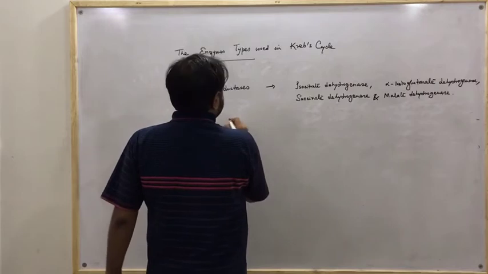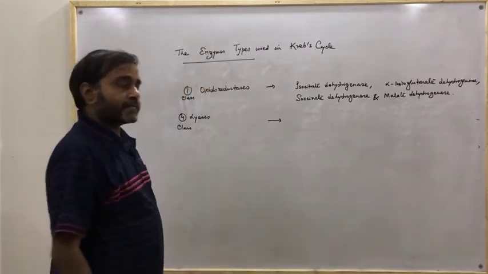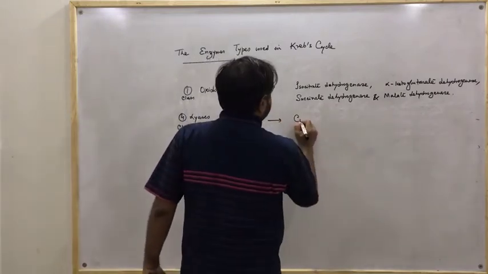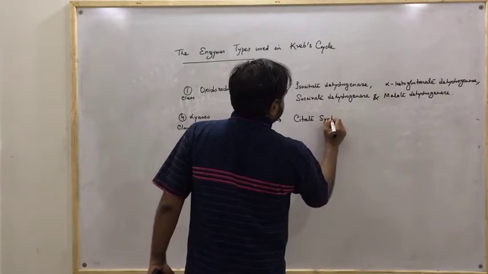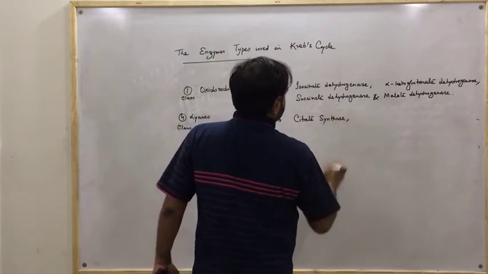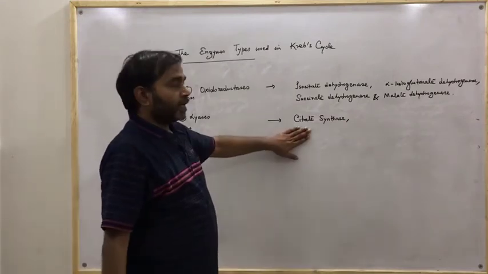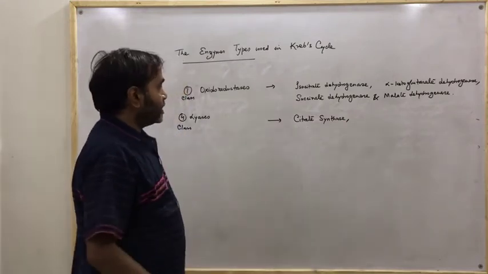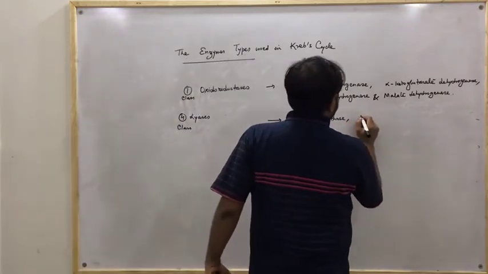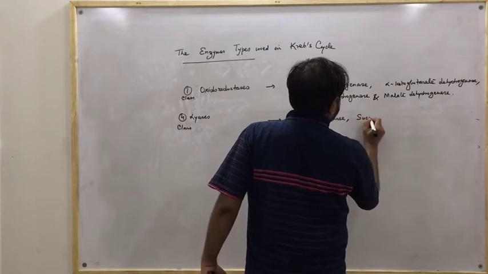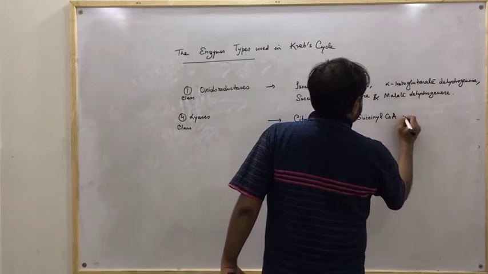So here we can write about lyases, like citrate synthase. Now, the next enzyme which comes in the category of lyase is succinyl CoA synthetase.